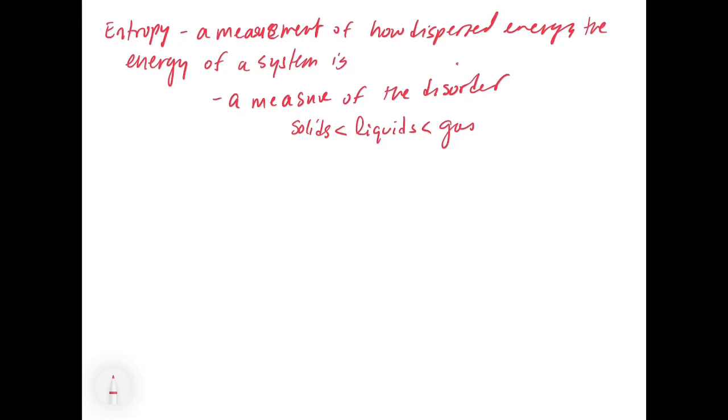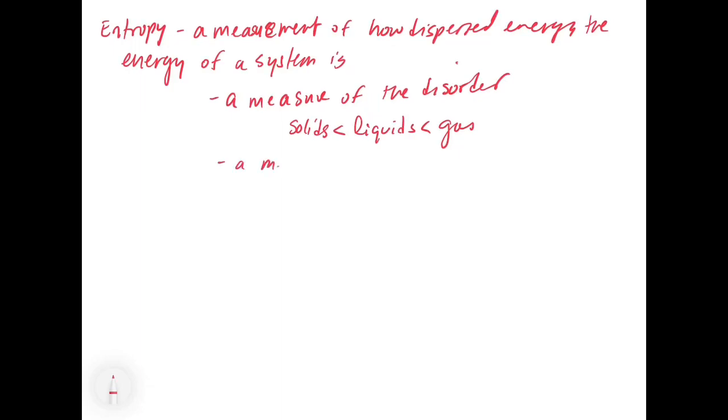So another way of thinking about this is that it's also a measure of the dispersity of energy. The example in this case is, you have a hot cup of coffee. You make a nice hot cup of coffee and you put it on your bench top. What that coffee is going to naturally tend to do is heat things up around it.